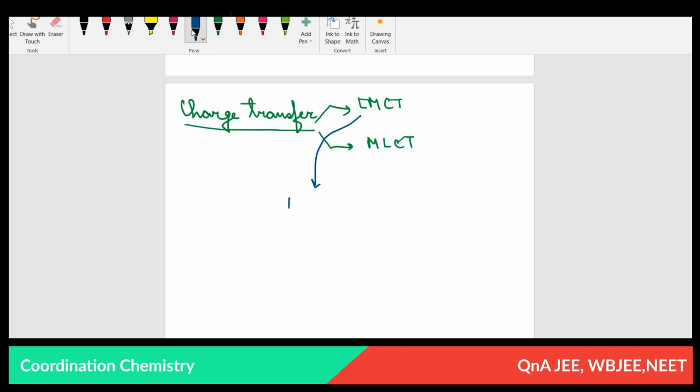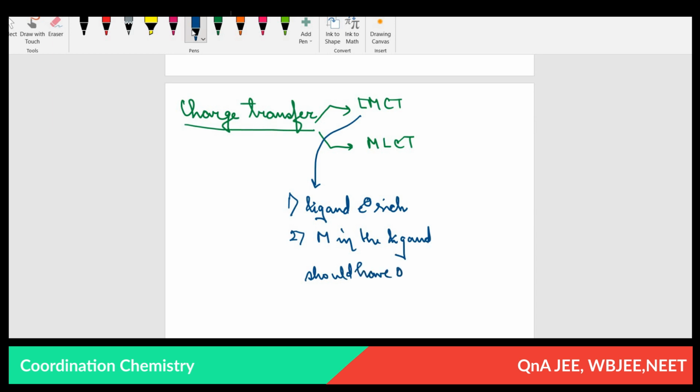So for that, the ligand should be electron rich, only then it can transfer its electrons. And second, the metal should have a very high oxidation state, greater than or equal to 3, which means it should be electron deficient.